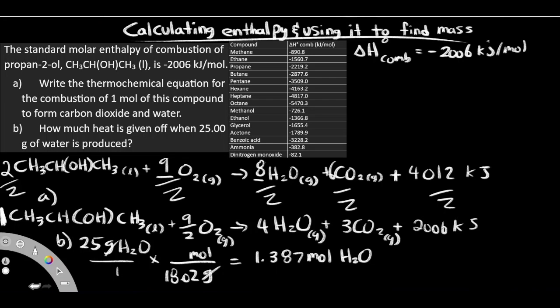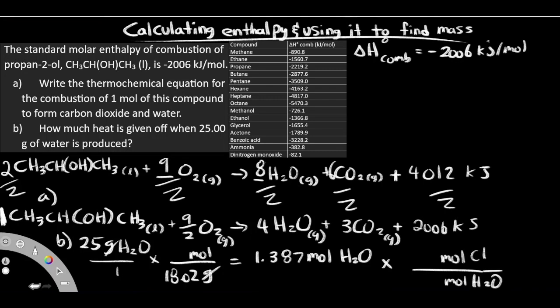Now, this here is of my H2O. The thing is, we've done all of this in respect to the propan-2-ol. So we actually need to do a molar ratio and change this into our propan-2-ol. What do I mean by that? Well, I need to do a molar ratio by doing a certain amount of moles of H2O with a certain amount of moles of my propan-2-ol.